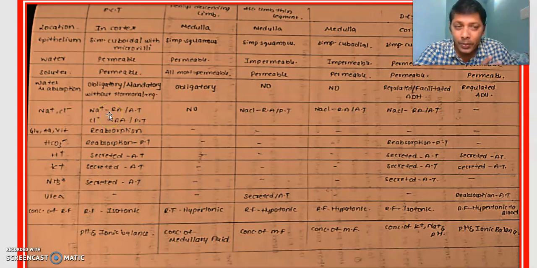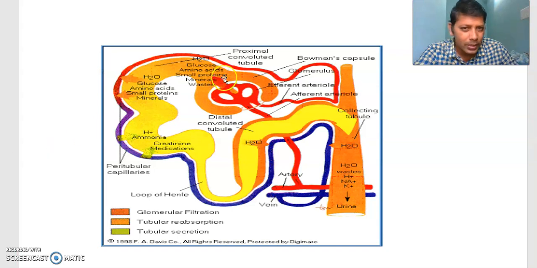I told you in previous videos also, it was asked in a previous NEET exam. How is Na+ reabsorbed? Na+ is reabsorbed here through a process called active transport. That means it utilizes ATP for reabsorption.